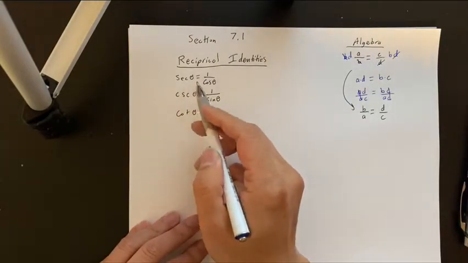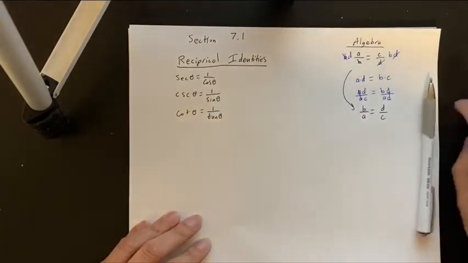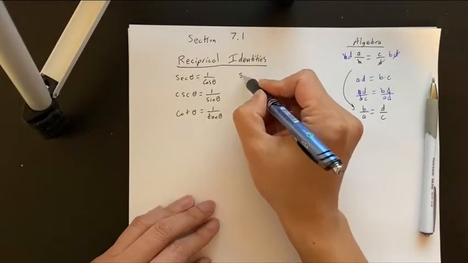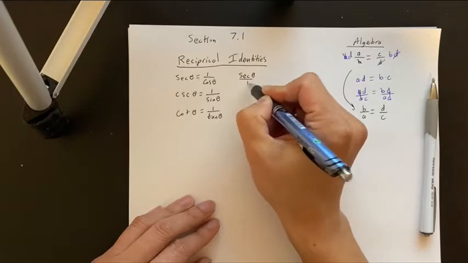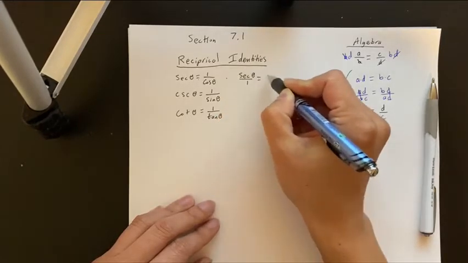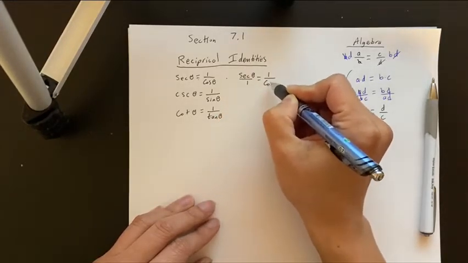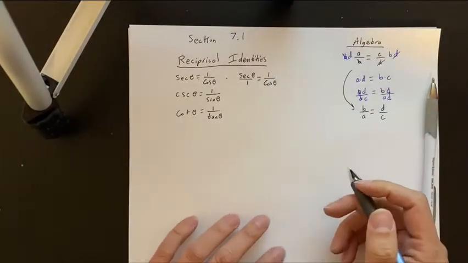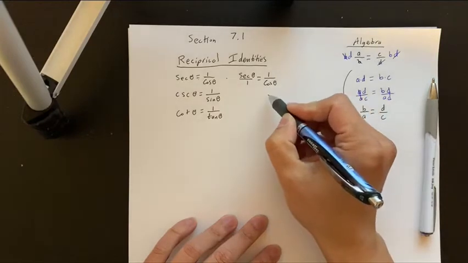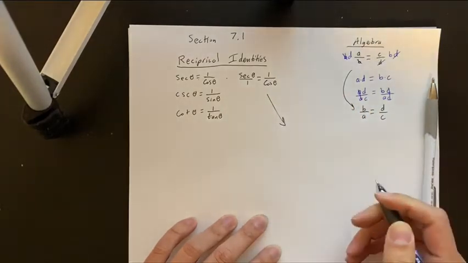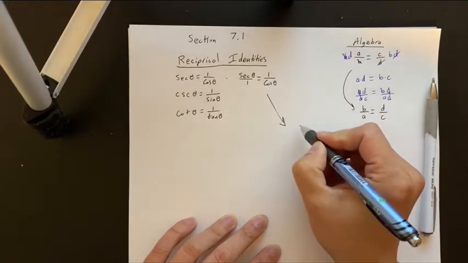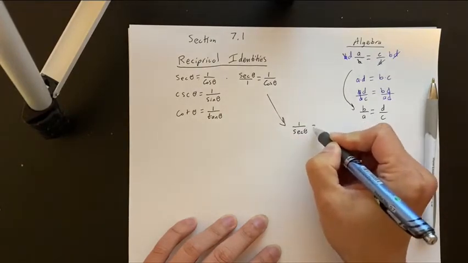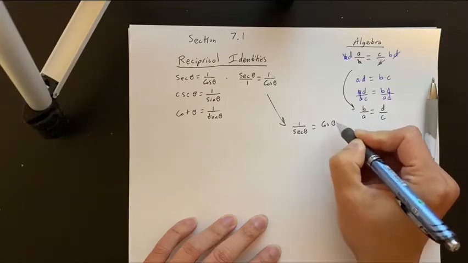Secant is not a fraction, but I can make it into a fraction. Secant is the same thing as secant theta over 1. So once you rewrite it as a fraction, we'll flip both sides, so let me move it down here. We'll make that into 1 over secant is equal to cosine theta over 1.